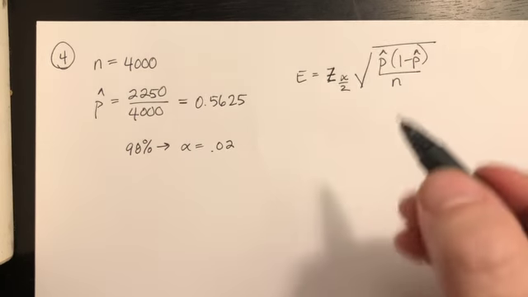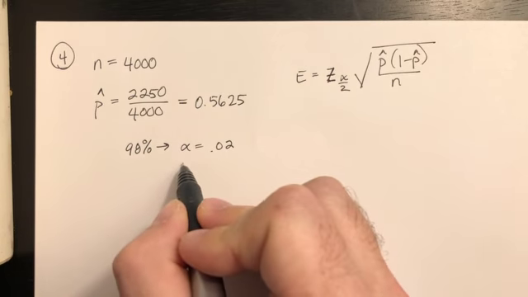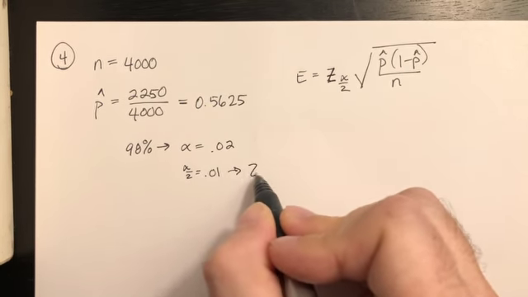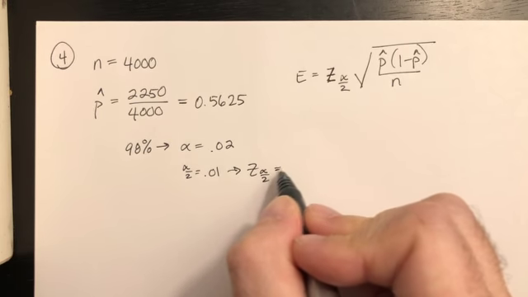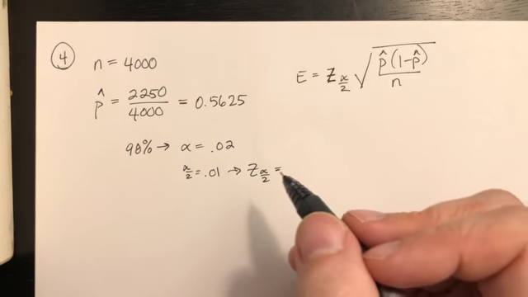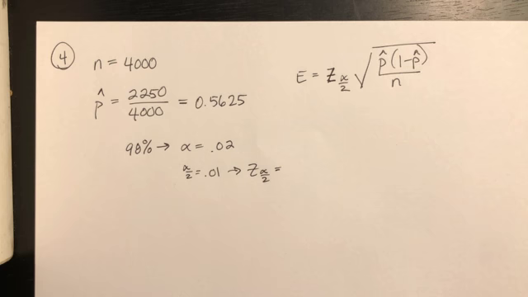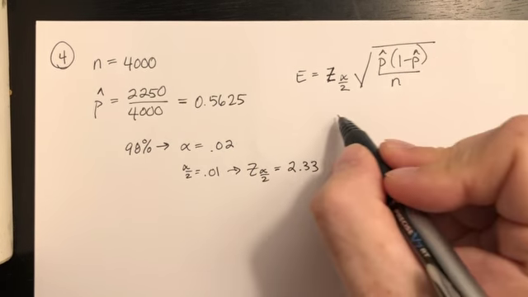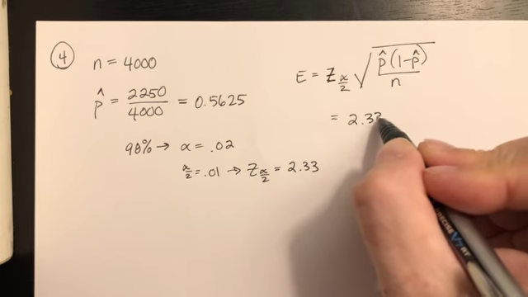So my alpha over 2 is 0.01, and that means my z alpha over 2 is the exact same as the last problem, which was 2.33.